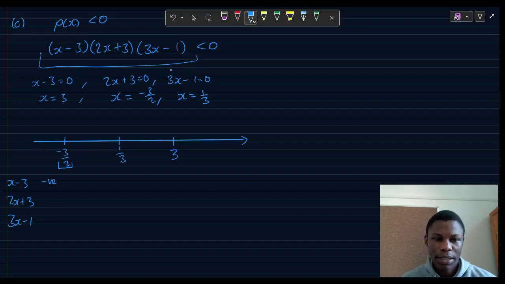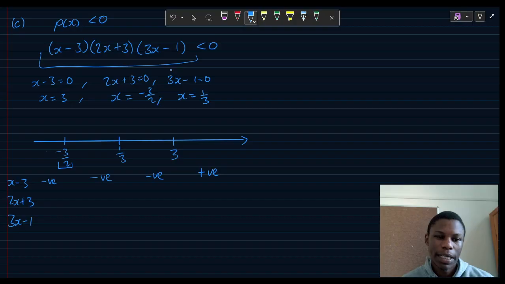And when x is between negative 3 over 2 and a third, this is still negative. When x is between a third and 3, x minus 3 is still negative. It only becomes positive when x is greater than 3, so this is now positive. And we'll do the same for all three scenarios.